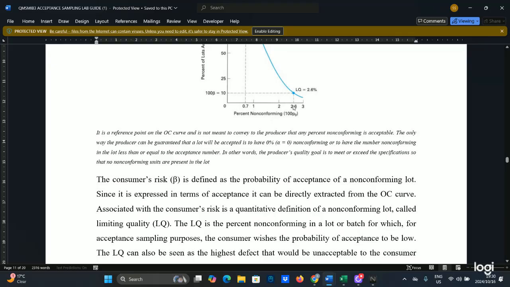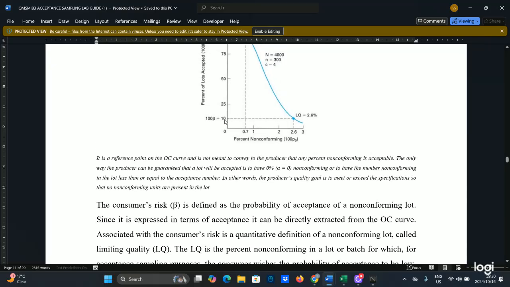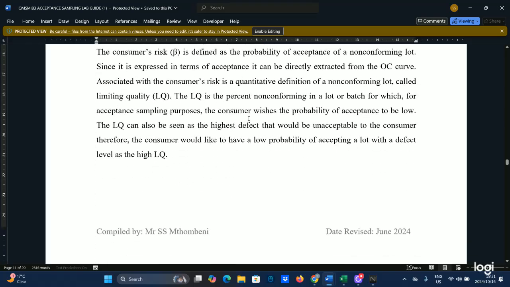Let's say they have a limiting quality of 2.6%. If you look at the corresponding probability of acceptance, it's 10%, which is low. So as the limiting quality decreases, the percentage of acceptance is higher.